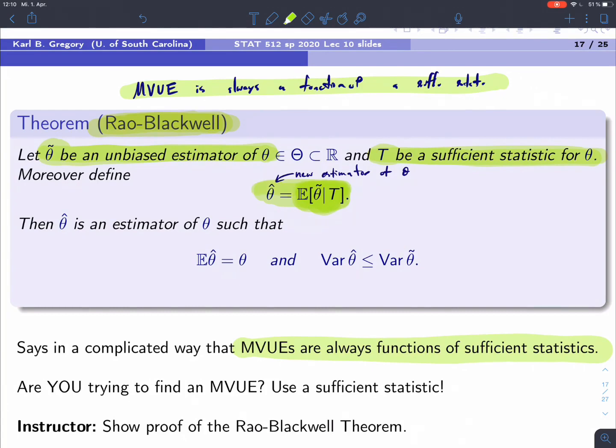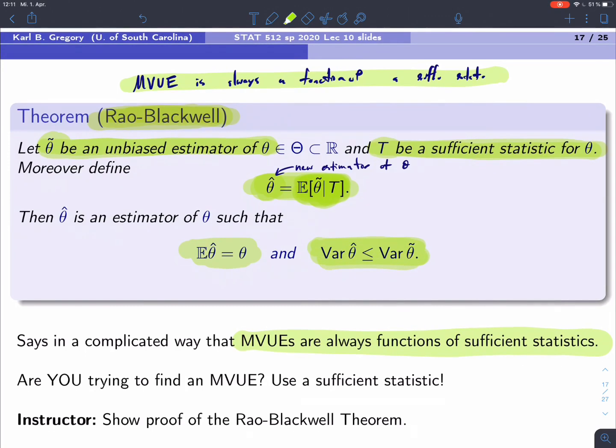As a result of defining theta hat in this way, we get an unbiased estimator theta hat, and the variance of theta hat will either stay the same or get smaller. So we'll get something with variance at most the variance of theta tilde.